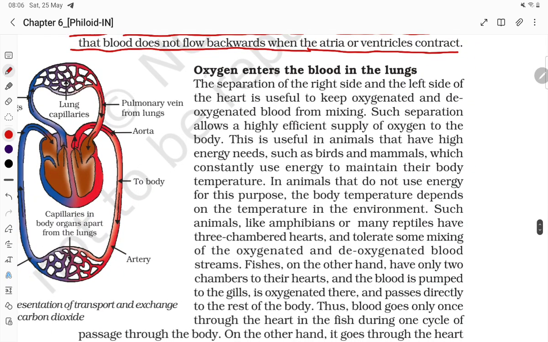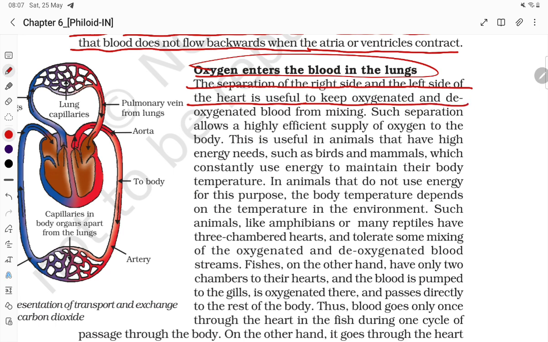Oxygen enters the blood in the lungs. The separation of the right side and the left side of the heart is useful to keep oxygenated and deoxygenated blood from mixing. Such separation allows a highly efficient supply of oxygen to the body.